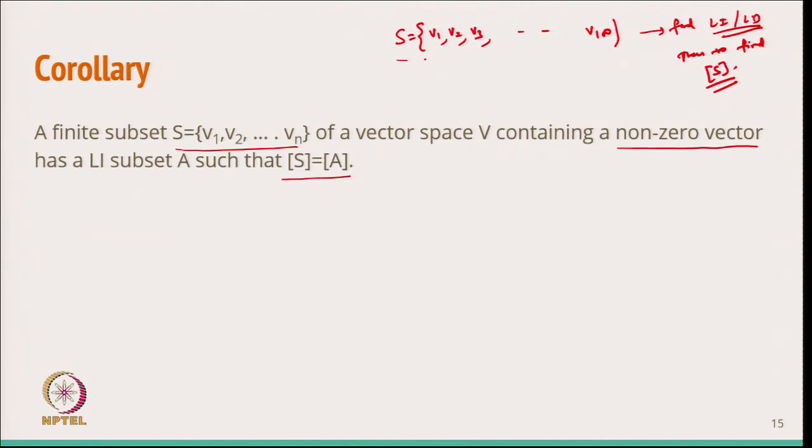So, these things we are going to do. This is very useful when we have a large number of vectors. So, we have done this one.